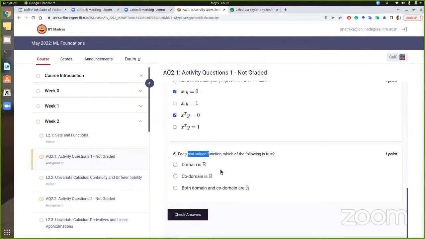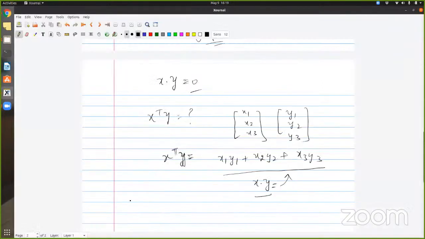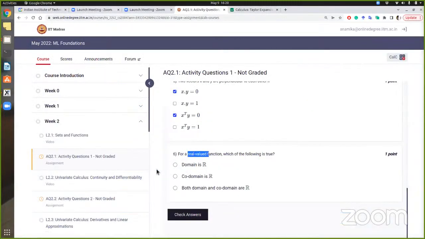So domain is, let's say, if y is equal to f of x, then all the values belonging to x will be a part of your domain. All the values belonging to y will be the codomain. So for a real valued function, the output should be real, which means the y value should be real. So the codomain should be R.